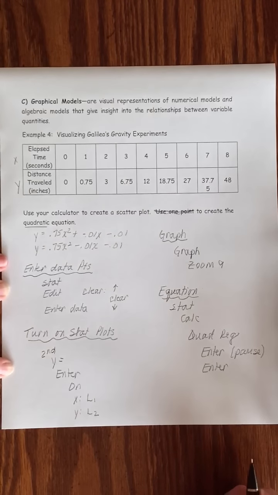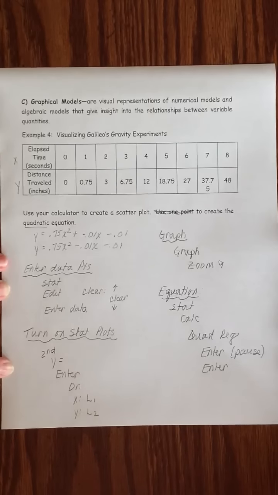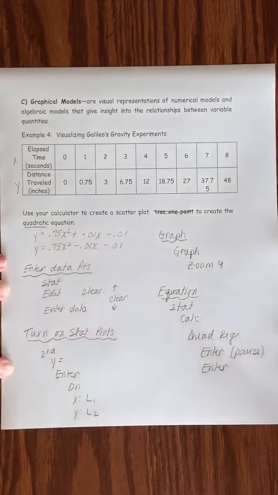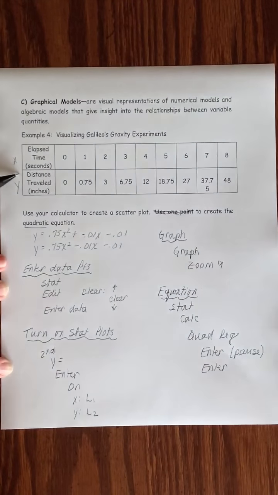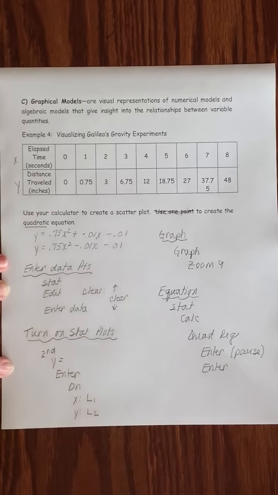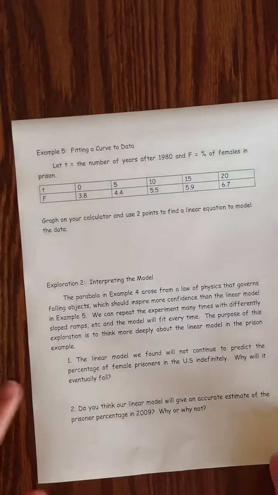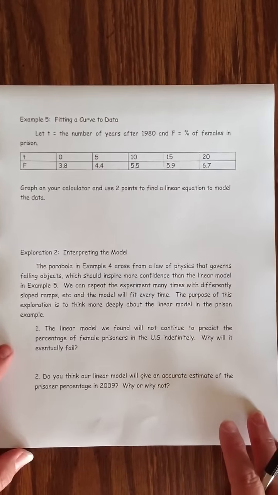And at that point, we copied down our equation. So those are the steps that it takes to accomplish getting data points graphed and then eventually finding an equation for them.